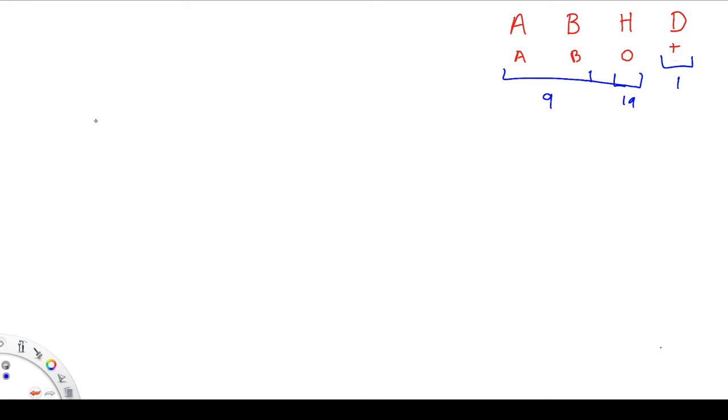Is that correct? I think it should be correct. So each gene is on a different chromosome.